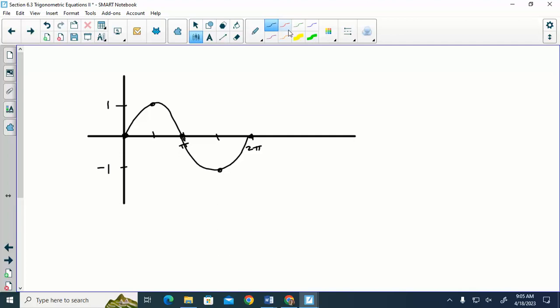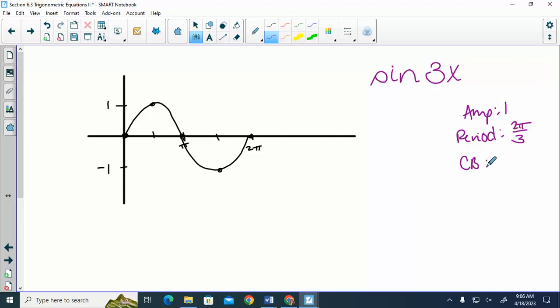This problem has a sine of 3x. What's the amplitude on that one if we were going back through our graphing stuff? 1. Period. Normal period for sine is 2 pi, divided by 3, the coefficient of x.